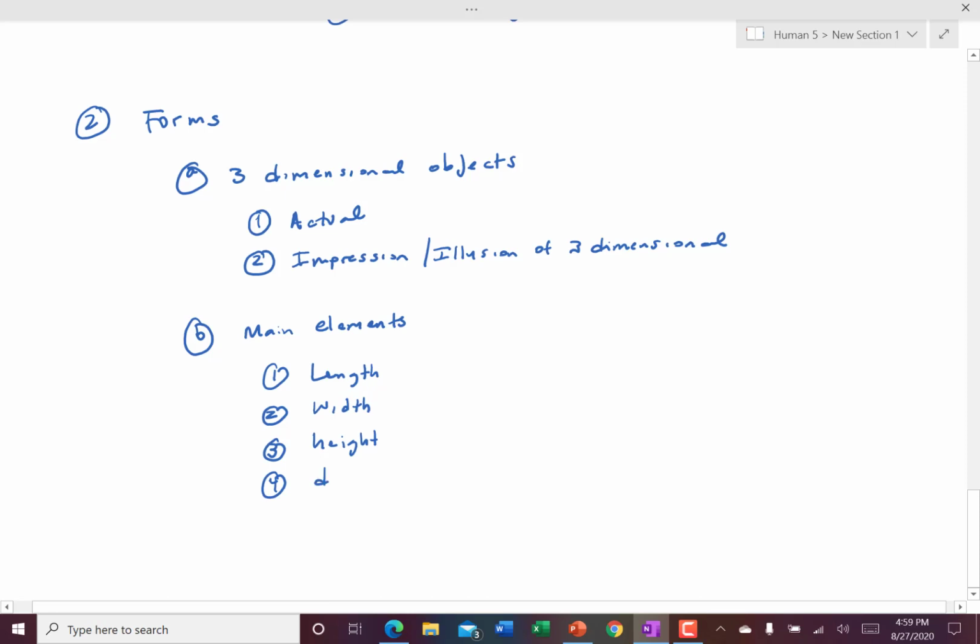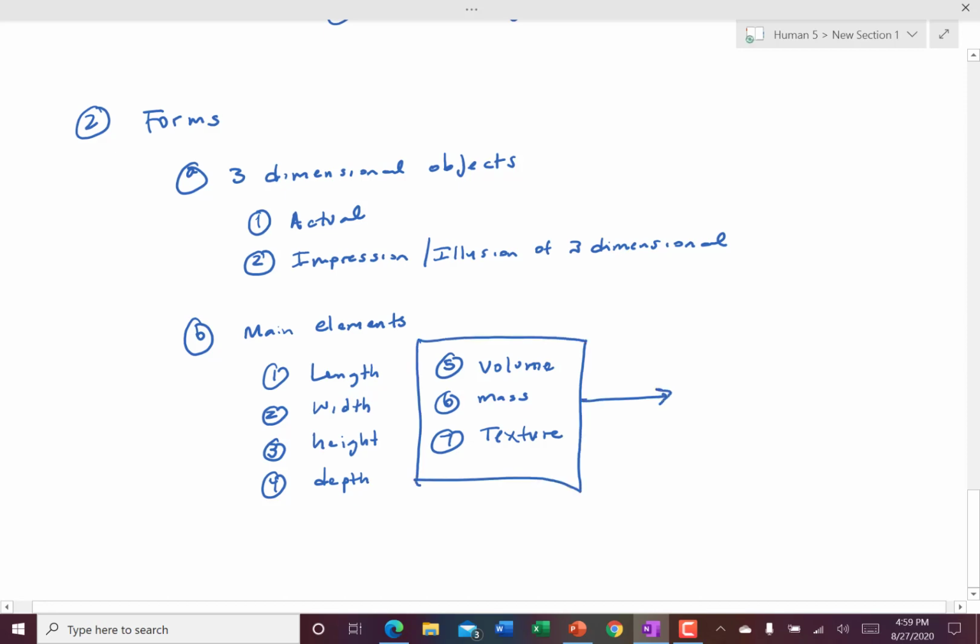And then you have depth, volume, mass, and texture. These ones are connected to the actual physical three-dimensional, and those are ones that we're going to look at in the next lecture.